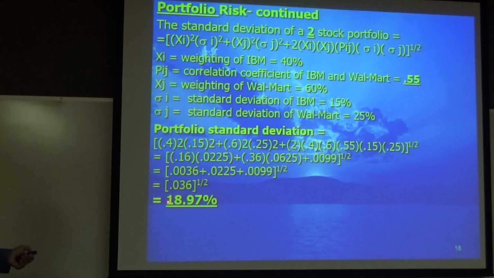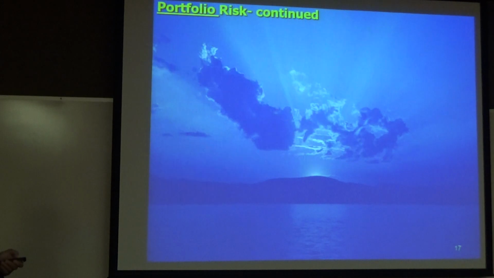This is the expected standard deviation of the portfolio, 19%. Now, the standard deviation could change going forward. Historical standard deviations don't guarantee future standard deviations, and the correlation could change over time as well. So that throws even more uncertainty into this.